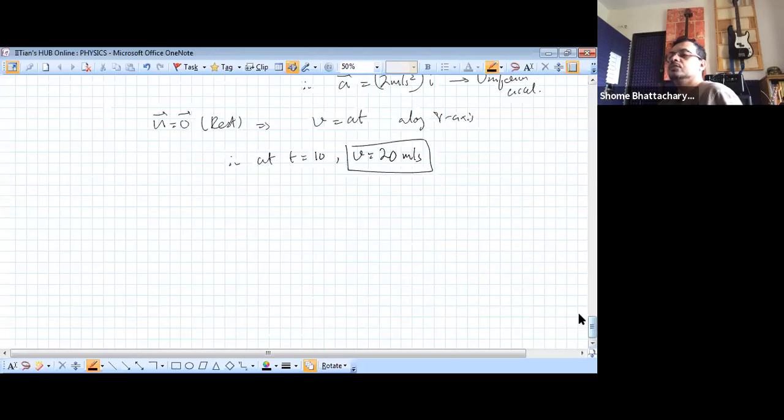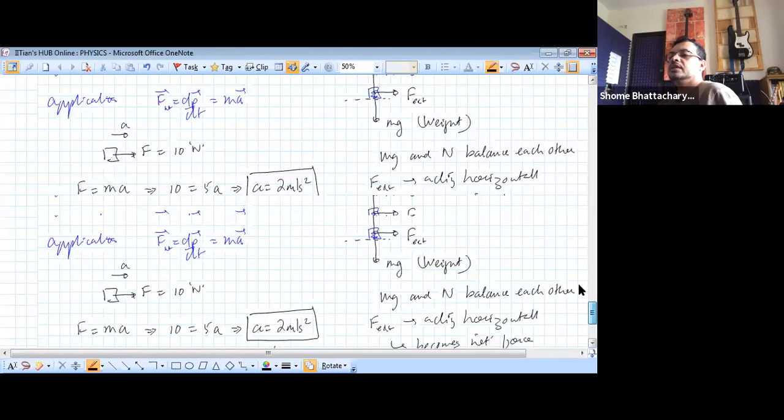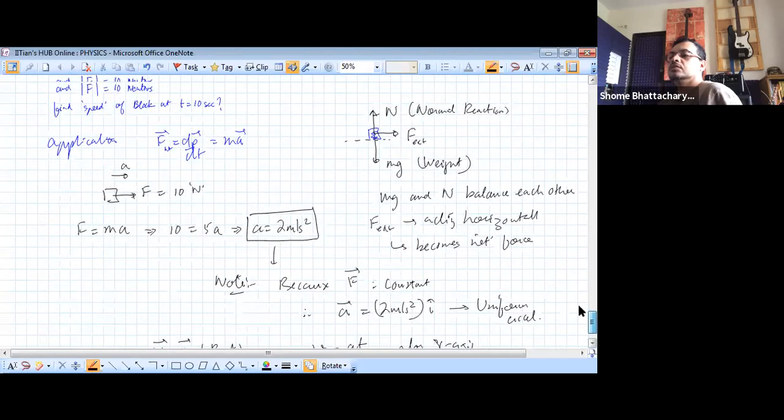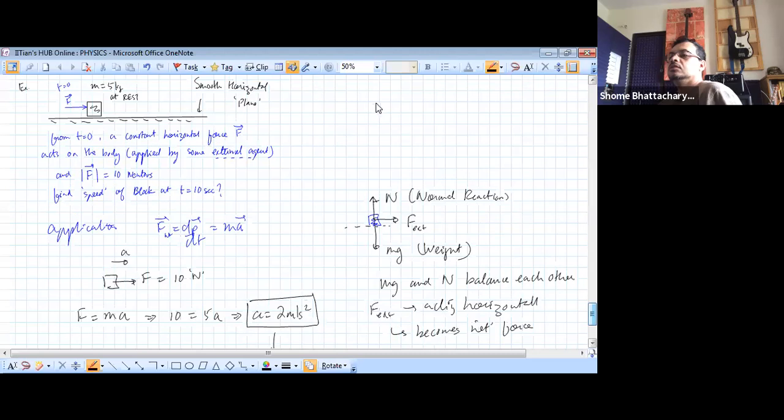So under the action of this force, you will see that this body which was at rest at t equal to 0, at a time of 10 seconds, its instantaneous velocity has become 20 meters per second. All this happening why?